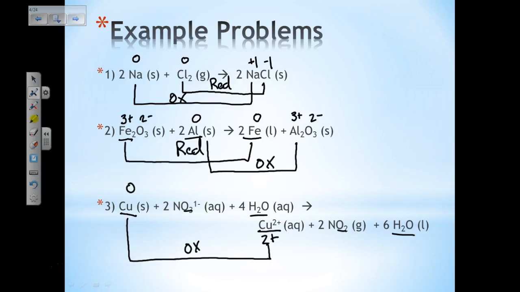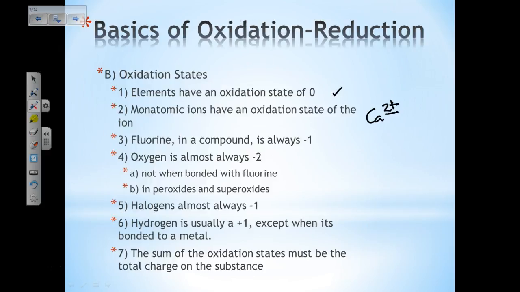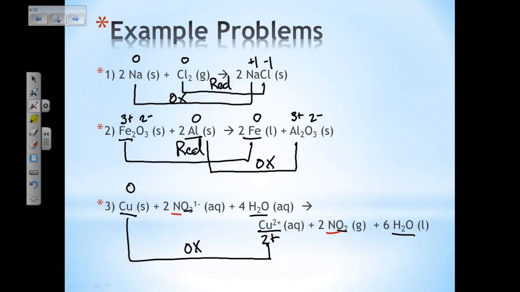So the only other option to see what's being reduced and oxidized has to be this nitrogen. Now keep in mind rule 7 from this list: the sum of the oxidation states must be the total charge on the substance. Here oxygen is almost always 2-.